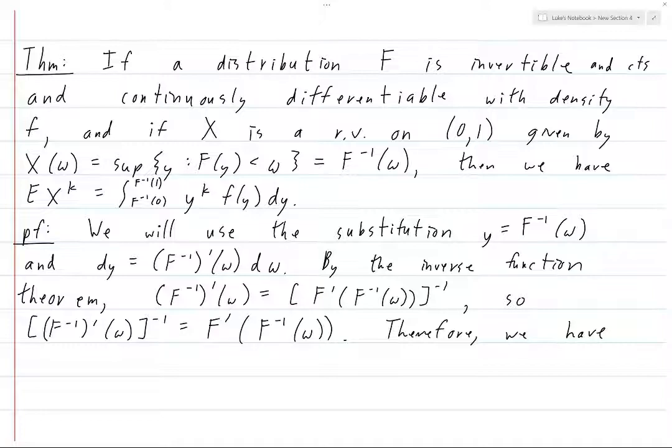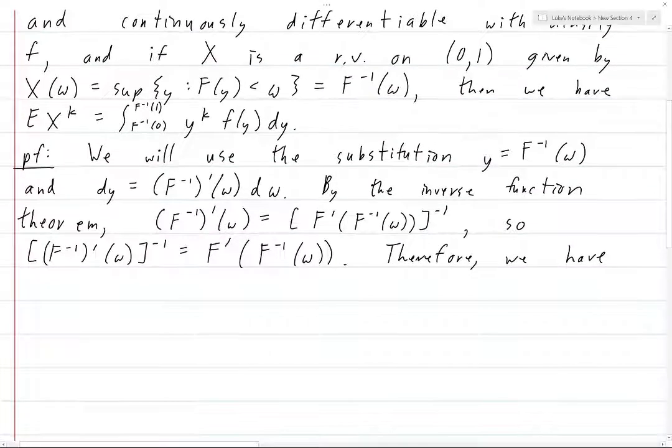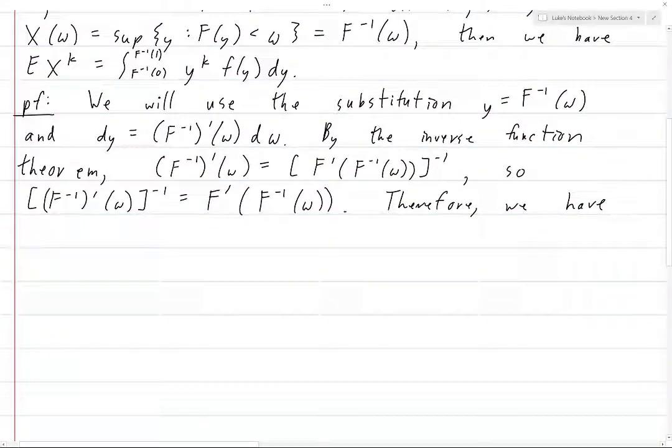Now we want to compute the expected value of X to the k. Remember, by definition, this is just the integral from 0 to 1, because that's the domain that omega lives on, of X to the k of omega, integrating with respect to omega.